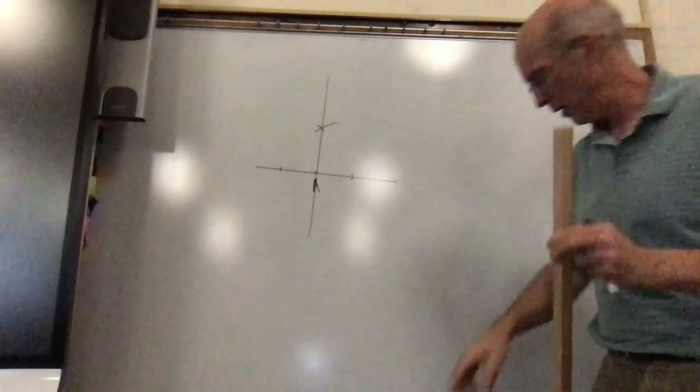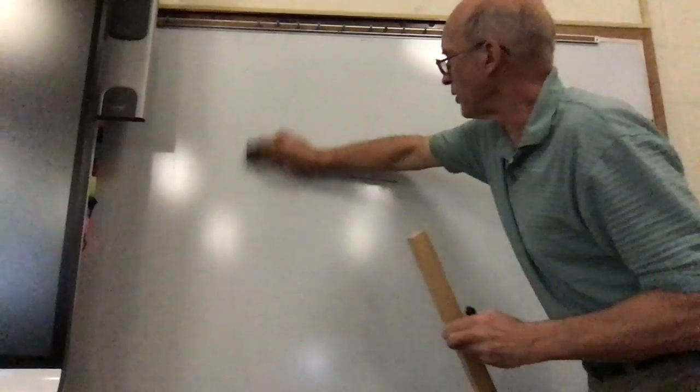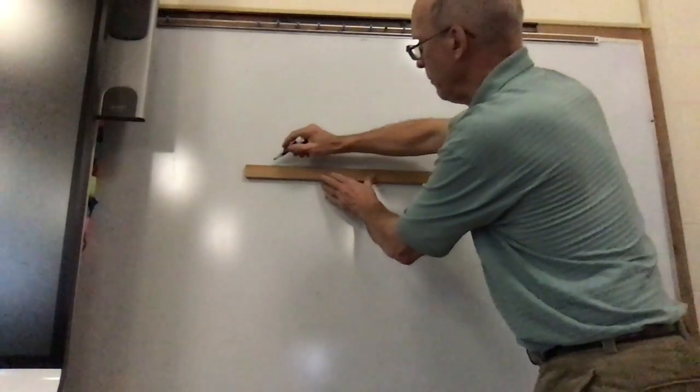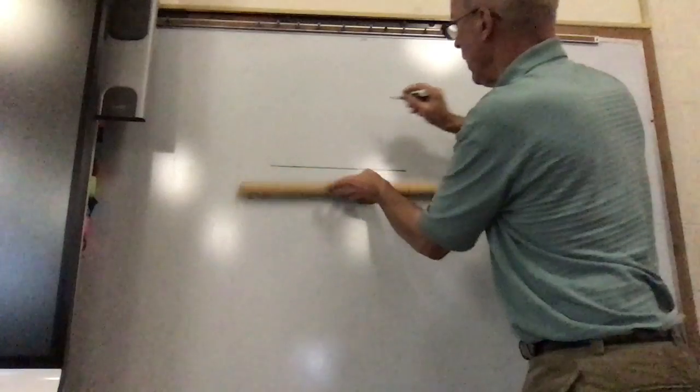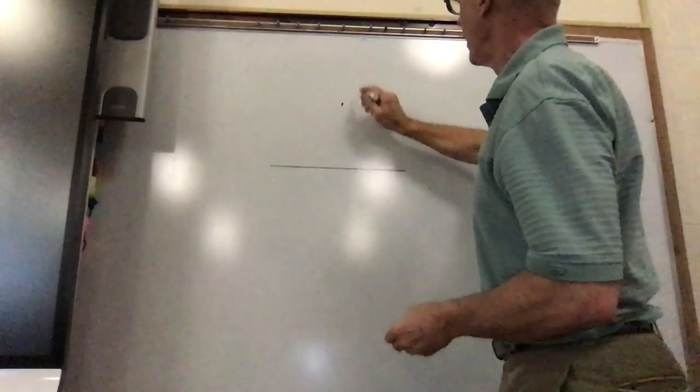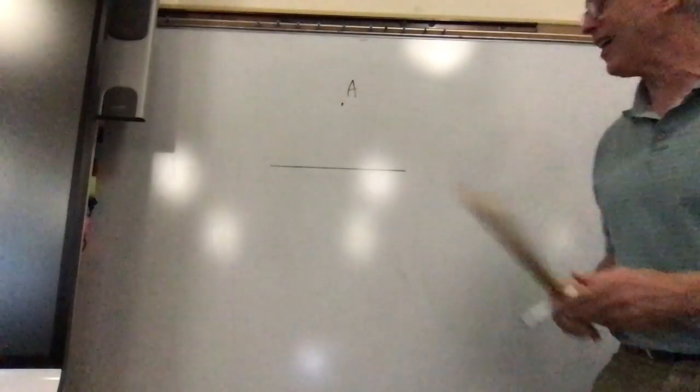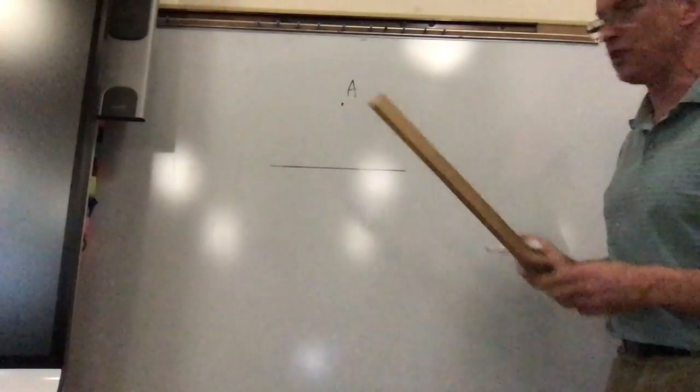Okay? If there was a point that wasn't on the line, like the situation that I just drew, so we've got a line, and we've got a point up here. I'm dropping everything. And we want to figure out the distance between those.